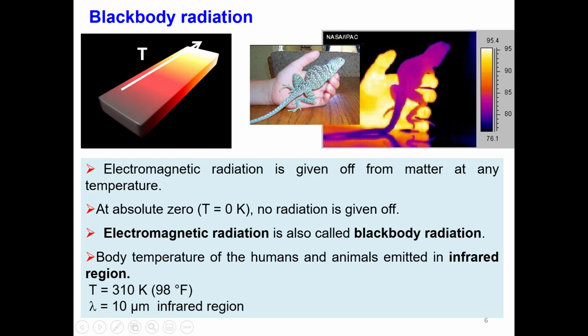For example, our body temperature is about 310 kelvins, which is 98 Fahrenheit, and all humans and animals emit infrared radiation. If we calculate the wavelength, it corresponds to 10 micrometers, which is the wavelength for infrared waves.